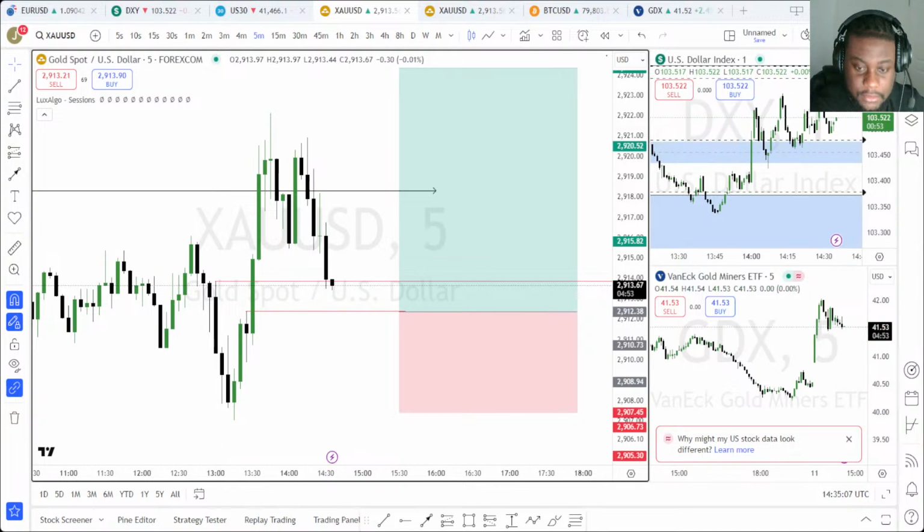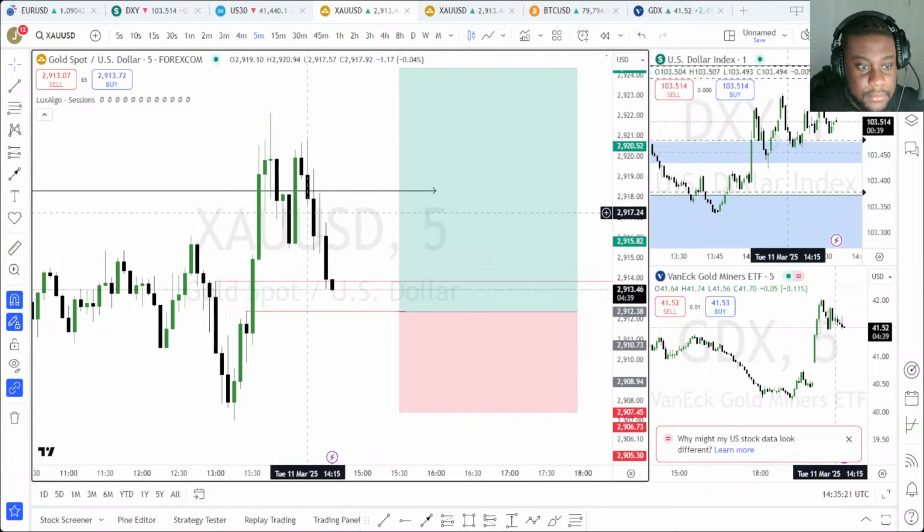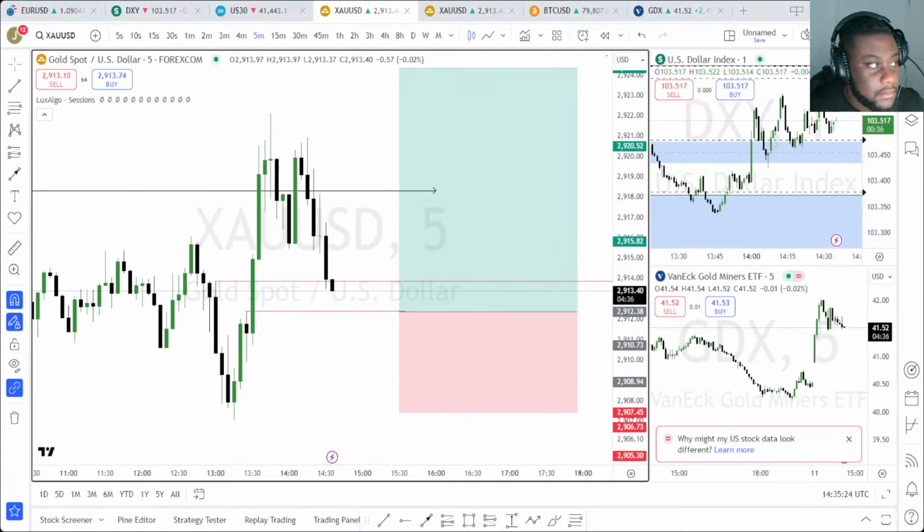Stop is 2907.45. Let's just say TP 2920. Let's see how that looks. How many points is that? That is 50 points. Cool.